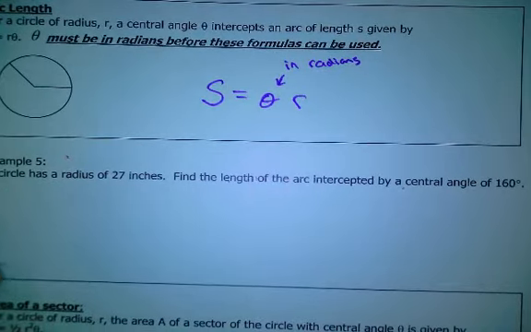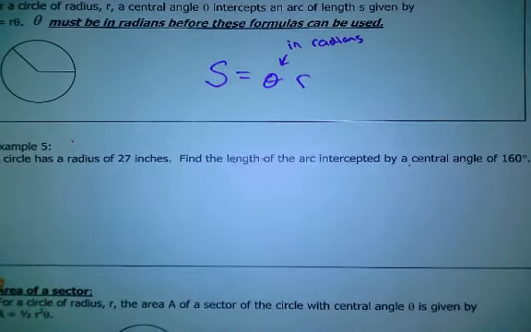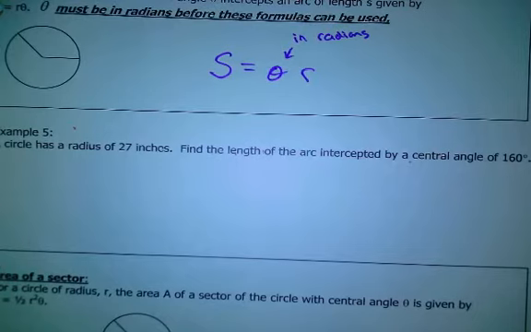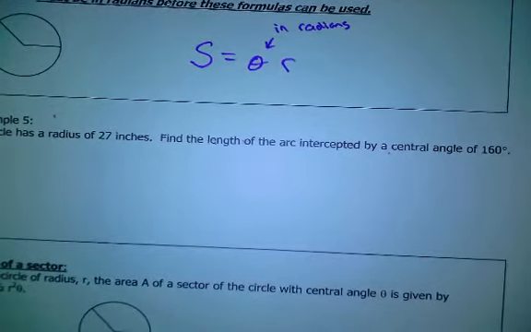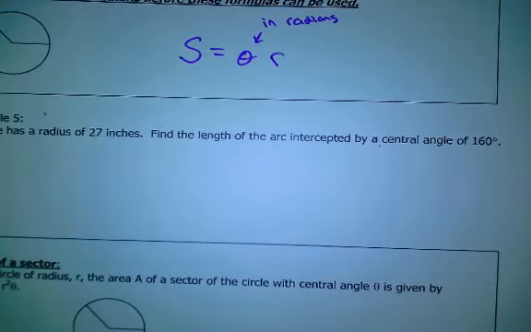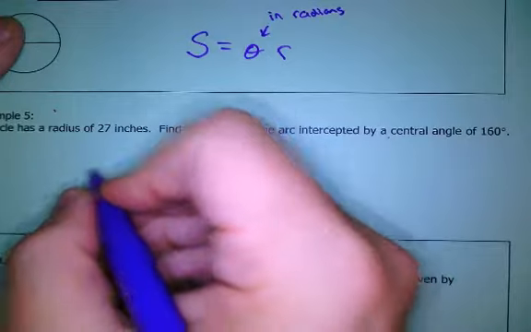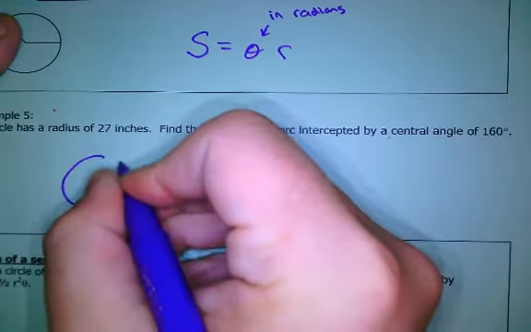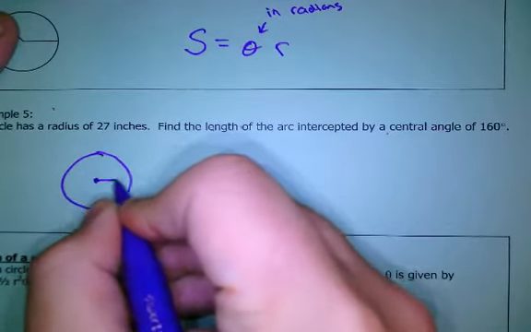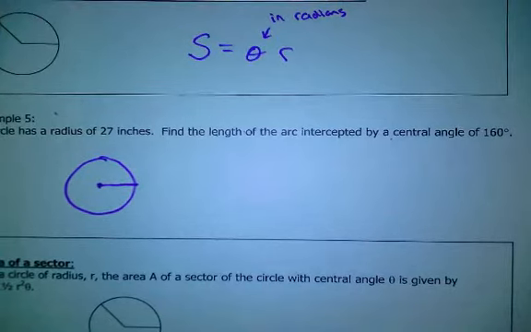So here we go. Example 5. We have a circle of radius 27 inches. Find the length of the arc intercepted by a central angle of 160 degrees. I'm going to give you a little bit of a visual of what we're trying to do. So here's a circle. This is the same circle I always draw, because that's always in standard form. It's always my initial side.